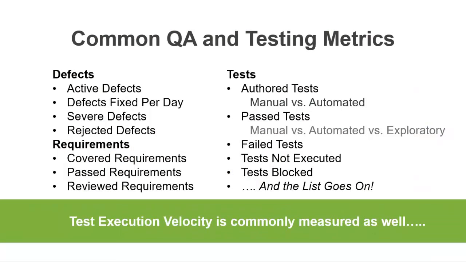So before we do that, let's look at some of these common QA and testing metrics that we're all used to. We see these on a day-to-day. If you pull up HP Quality Center or Micro Focus Quality Center now, these are very common, right? I mean, you can go to the analysis items and generate these on the fly. Active defects, covered requirements, authored tests, failed tests.